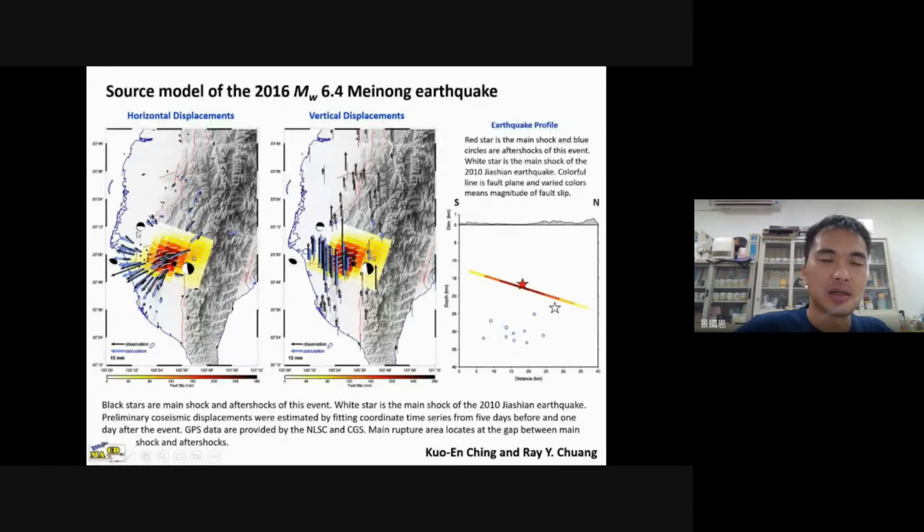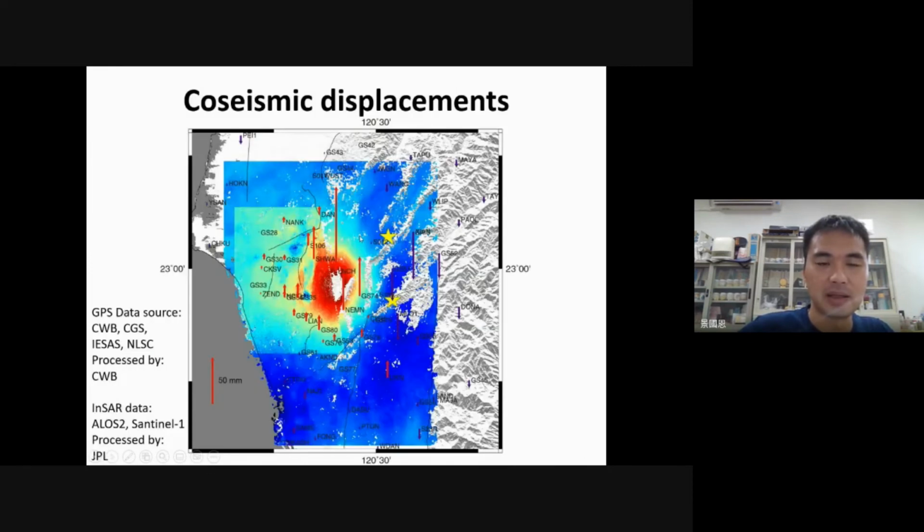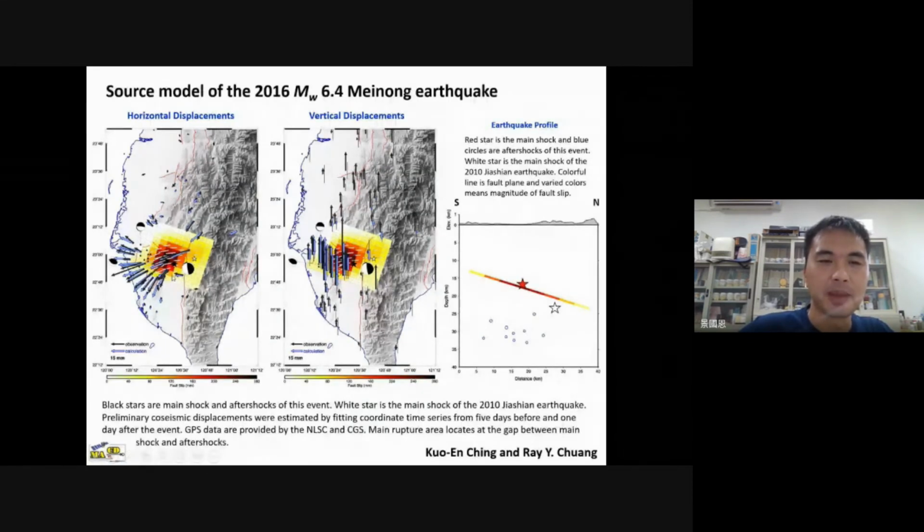Here I show you the comparison of GPS, the horizontal and the vertical displacement. We also have the comparison of the InSAR result, but whatever, because here I just want to show you the results of surface displacement and co-seismic slip on the fault.